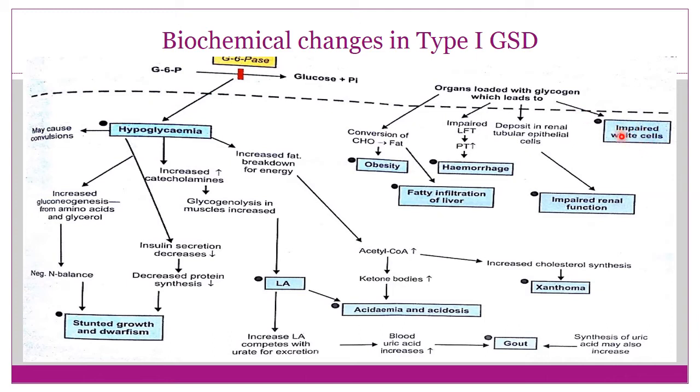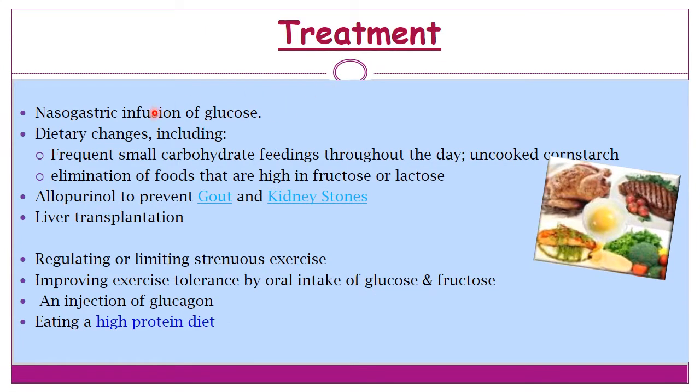So in this way, when glycogen is loaded in other cells, this condition will go on, and when hypoglycemia is there, ultimately growth will be retarded, lactic acidosis will be there, and increased concentration of acetyl CoA will cause xanthoma and ketone body synthesis, due to which acidosis will be there, and gout will also be there as lactic acidosis increases.